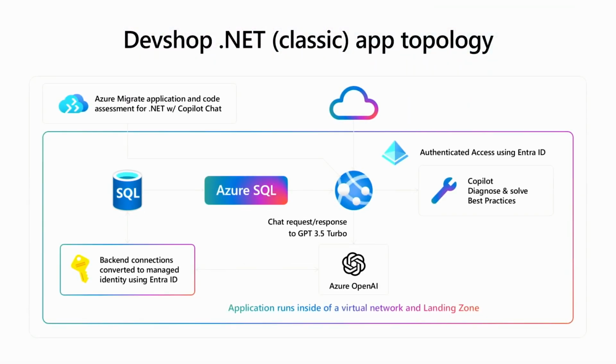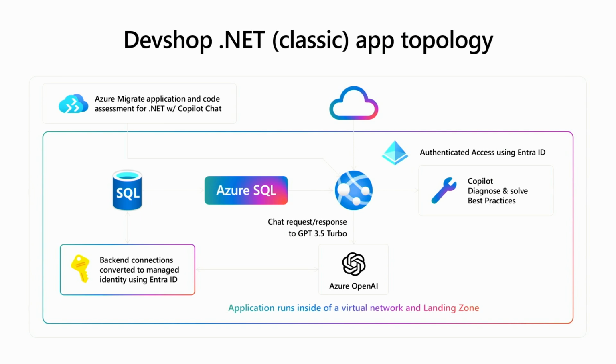Before I get into the demo and code, here is a quick topology of the demo web application. All the resources for the demo web application are deployed to a landing zone. For context, a landing zone is an environment which focuses on key design principles around security, network isolation, app modernization, innovation, and so on.